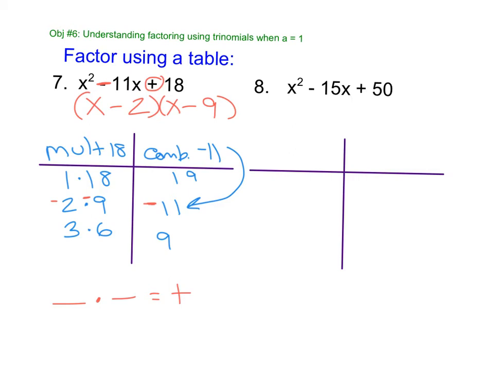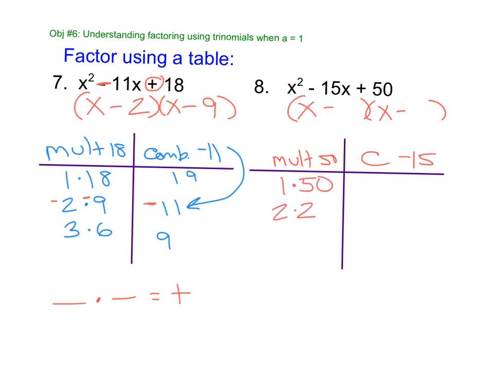Right? So same idea for number 8. We know our two numbers are going to be minus. So x minus, x minus. So we're multiplying to 50 and combining to negative 15. So 1 times 50, 2 times 25, 5 and 10.